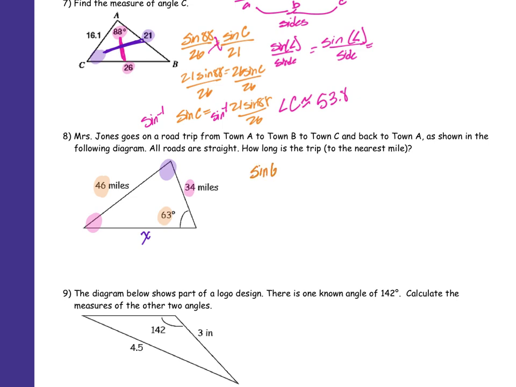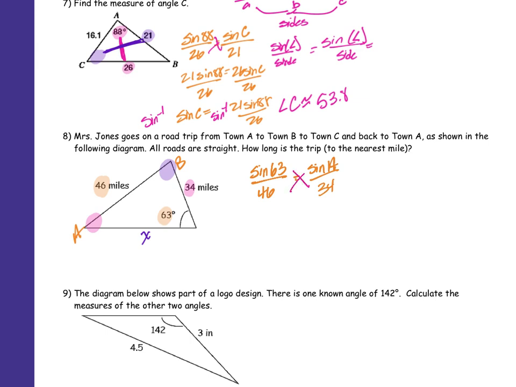So I've got sine of 63 over my side, which is 46. And that's going to equal, let's call this A and B. So we've got sine of A over 34.